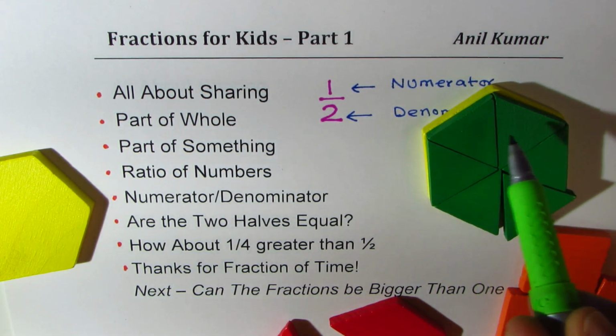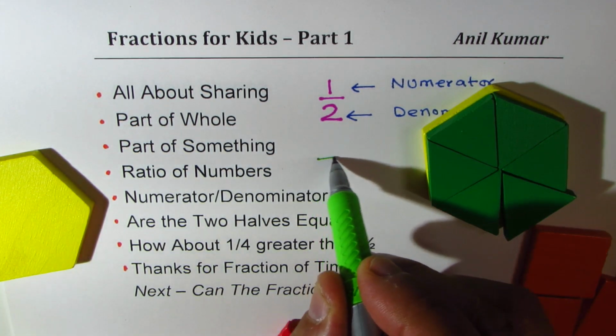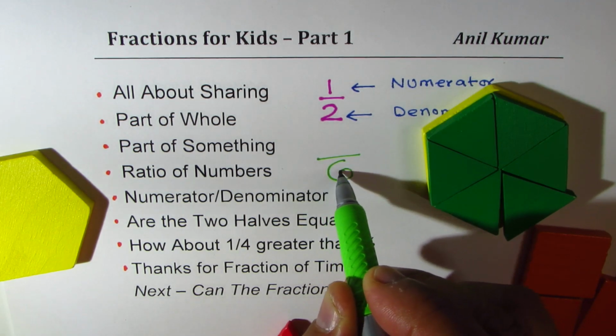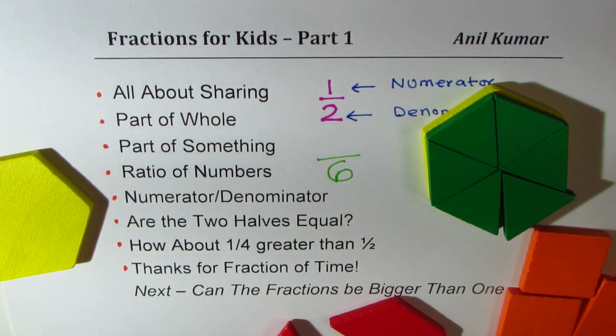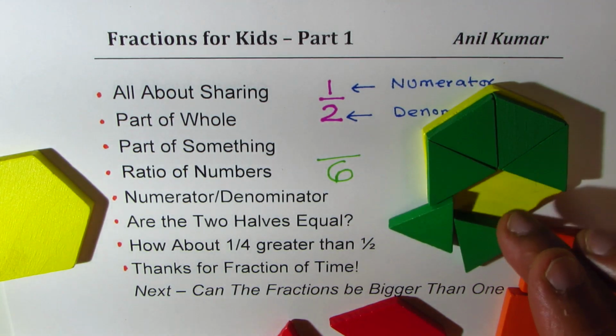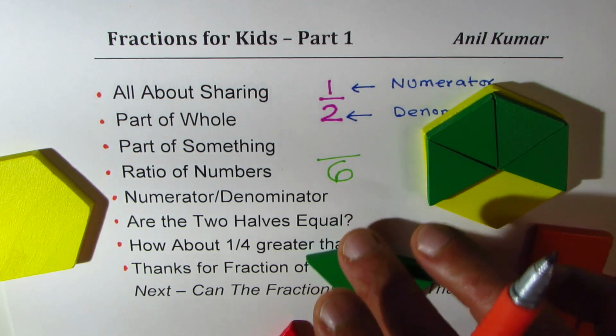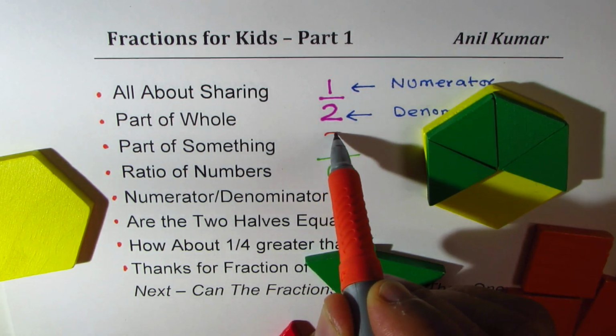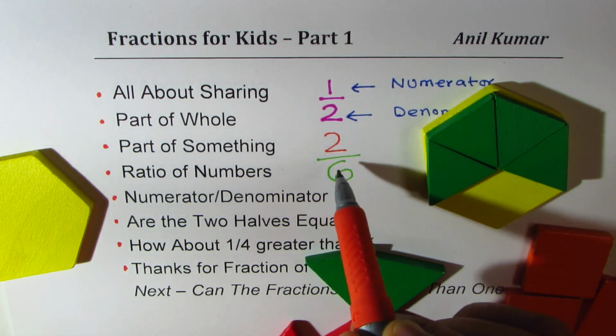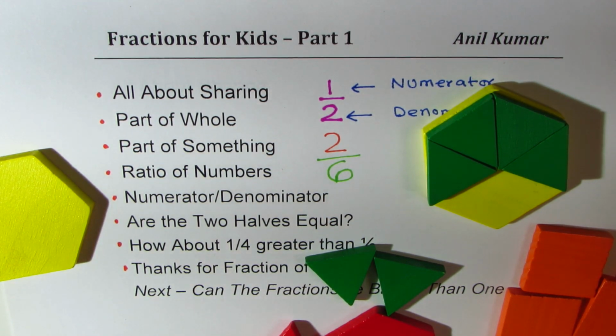Since I divide this into 6 equal parts, the number 6 goes in the denominator. You get the idea, right? Now, out of these 6, I give out 2 to my friend. So that goes in the numerator. 2 out of 6. You get the idea, right?